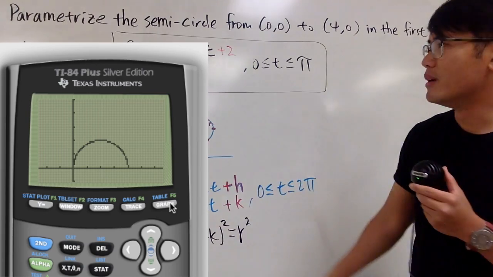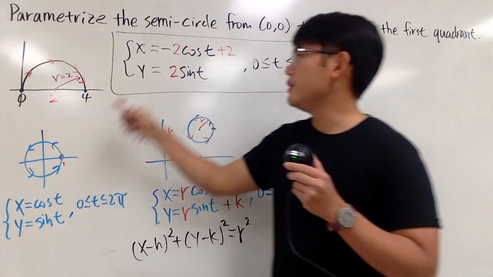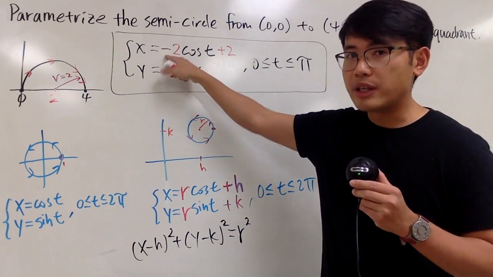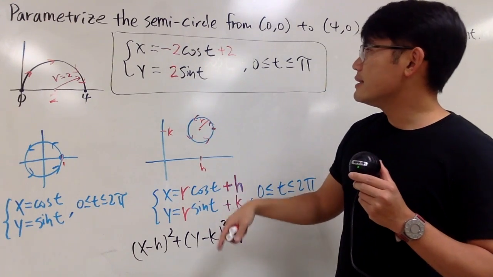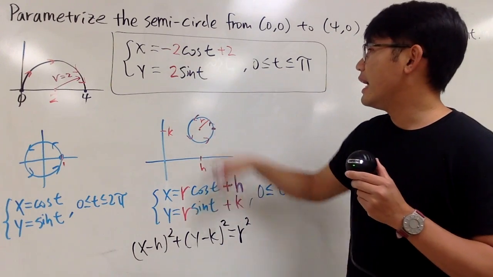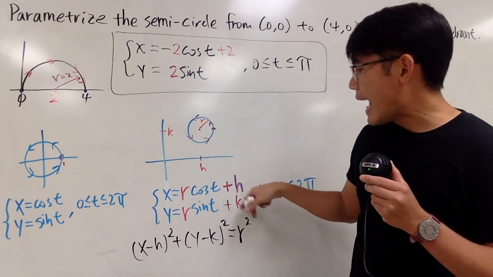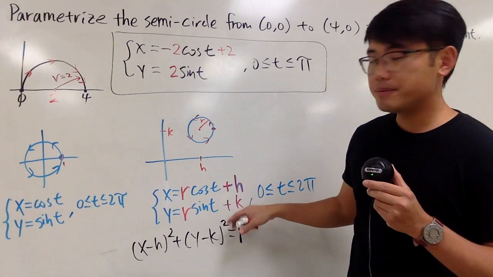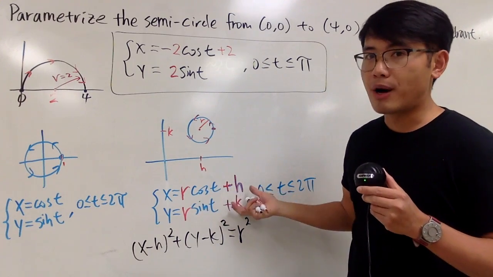So you just have to remember, if you want to start on the other side, maybe you just have to multiply by negative with the cosine part. And the radius is just the coefficient of the sine cosine. And the center is the number you add or subtract after the sine cosine part right here.